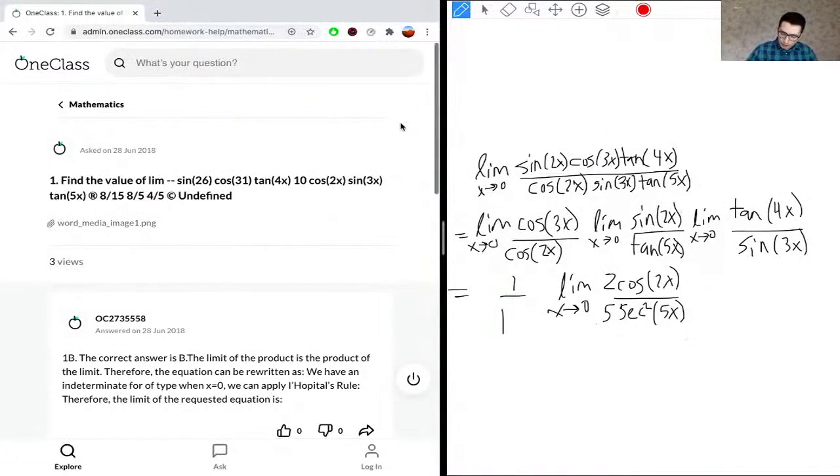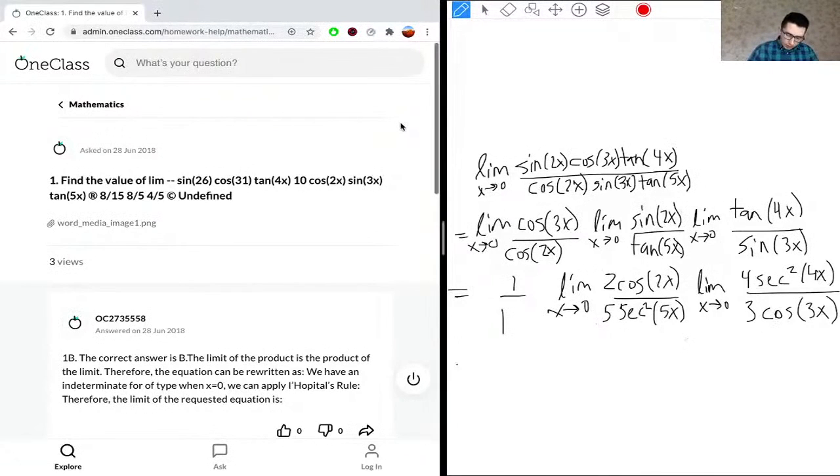And then finally, we do L'Hopital's rule again. So we have the limit as x goes to 0. We get this top is 4 secant squared 4x over the derivative of sine 3x, which is just 3 cos 3x.